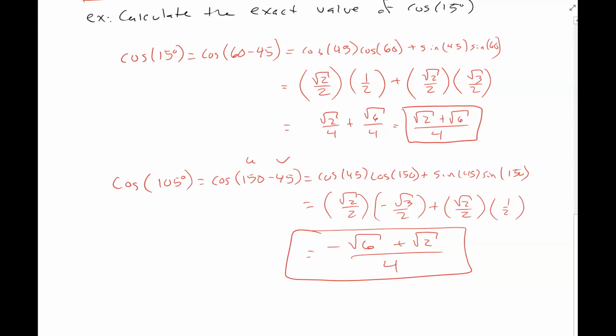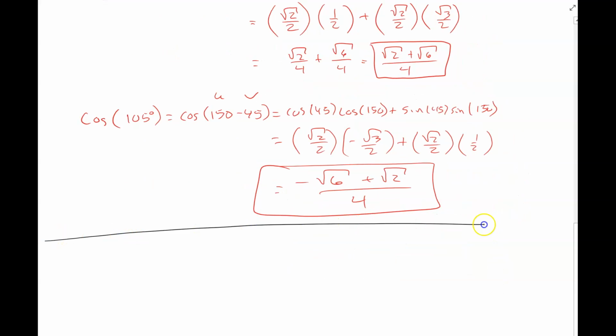So we have differences for cosine. We can also do this for a sum. So how would we prove this? I would do this.